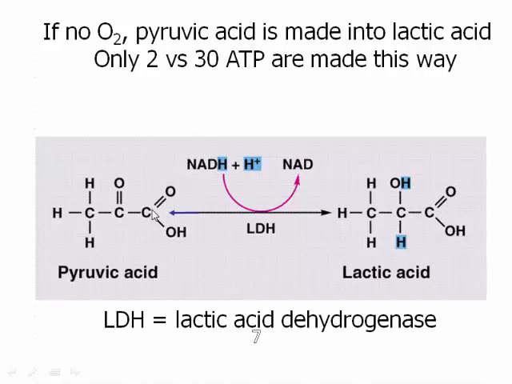So we'll say what is reduced, because remember the oil rig thing? Reduced is to gain. So who's gaining when you go from left to right? Pyruvic acid is gaining. It's gaining hydrogens to become lactic acid. And NADH is losing, so NADH is being oxidized to become NAD.